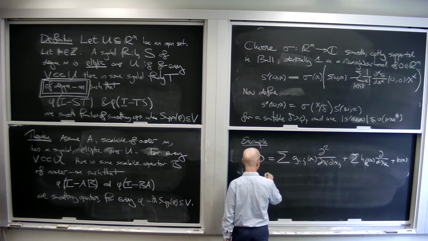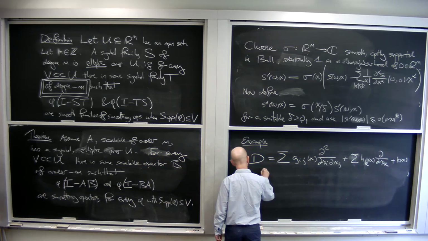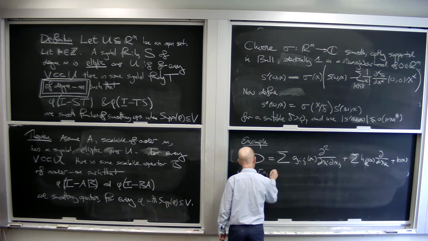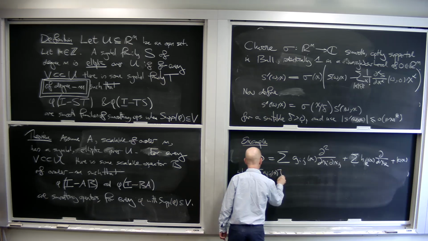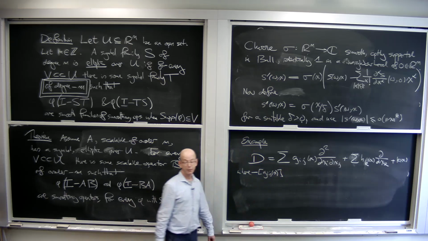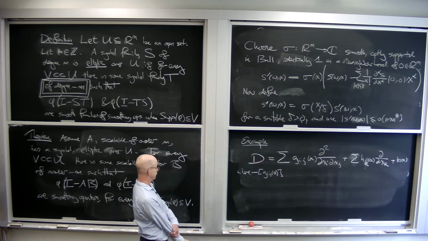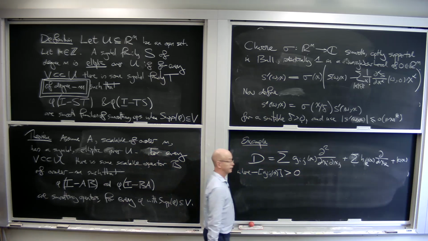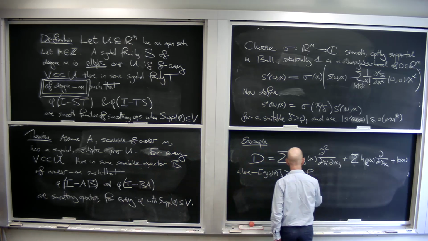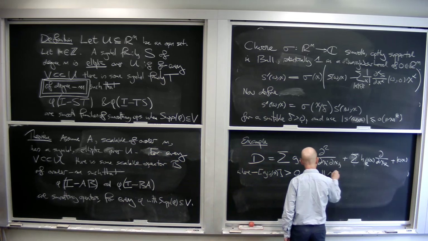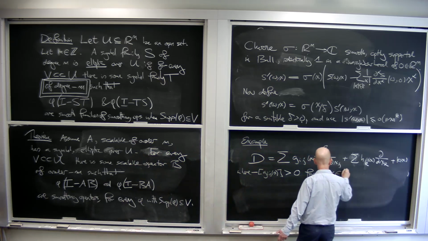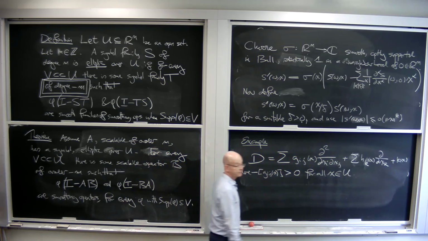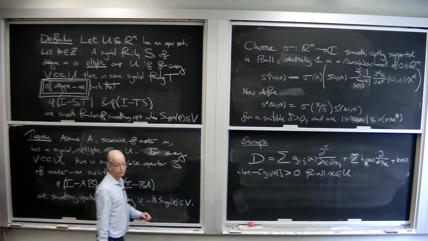And the traditional hypothesis that you put on these functions is that if you make them into a matrix and you put a minus sign in front, then you get a positive definite matrix for all x, at least all x in U. Okay.